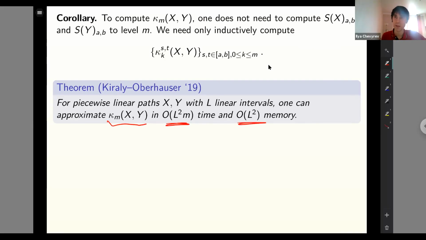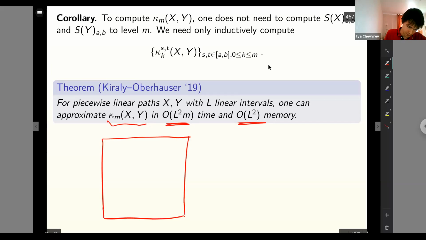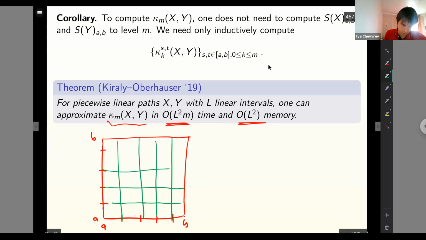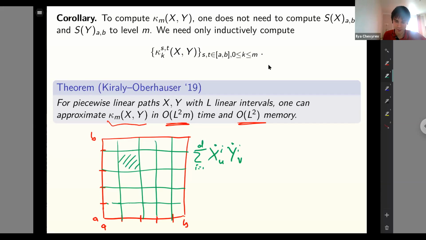Let me just briefly say that the way this approximation works is that, if you think about the square again, [a,b], and say that we have L intervals of time over which our curves are linear, then on each one of these squares, drawn in green, this term, x dot u, y dot v, summed over i, this kind of Radon-Nikodym derivative with respect to the Lebesgue measure, is constant.